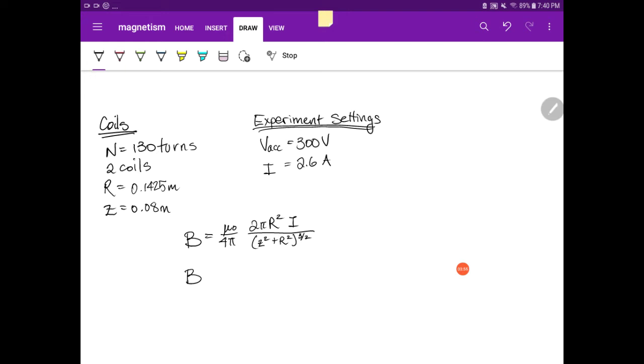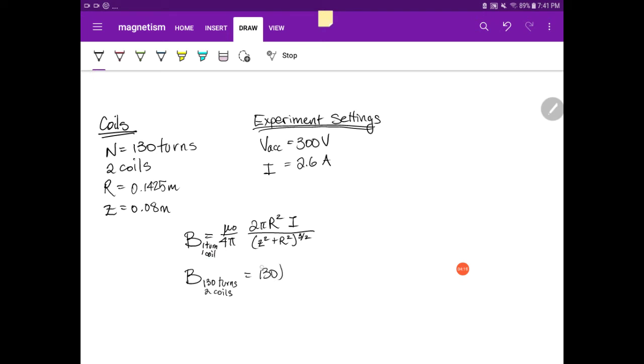But if we plug all of those numbers in and we multiply by the number of turns and two coils, then I would call that one coil, one turn.